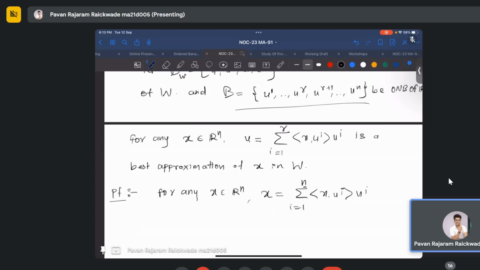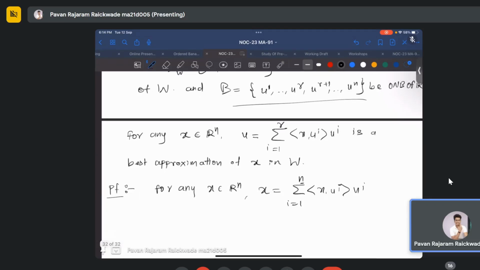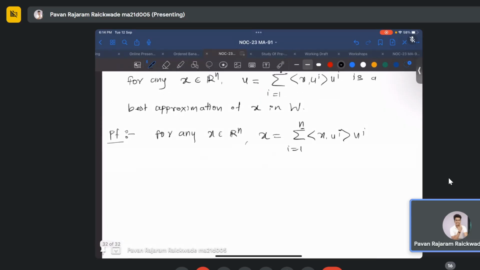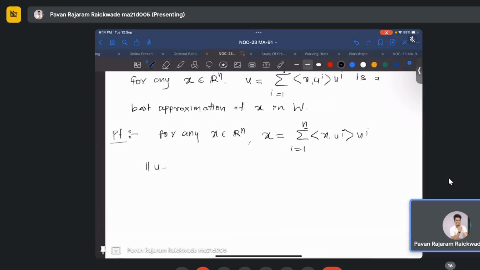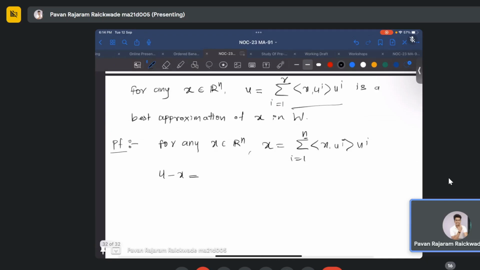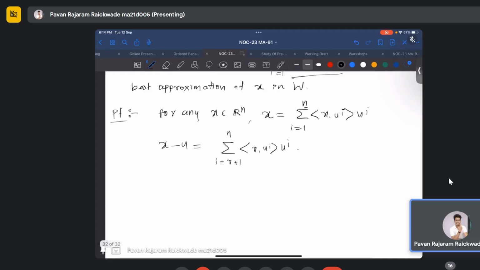This n is important here because the whole set of vectors u1 through un spans the whole space Rn, but only u1 through ur spans your W. Right? That's what is important here. This I know. Now calculate the norm of u minus x. First thing is, what will be this vector u minus x? See, u will have the summation terms only until r, and x has until n. So I'll do x minus u. x minus u will have summation terms from r plus 1 through n. Correct?